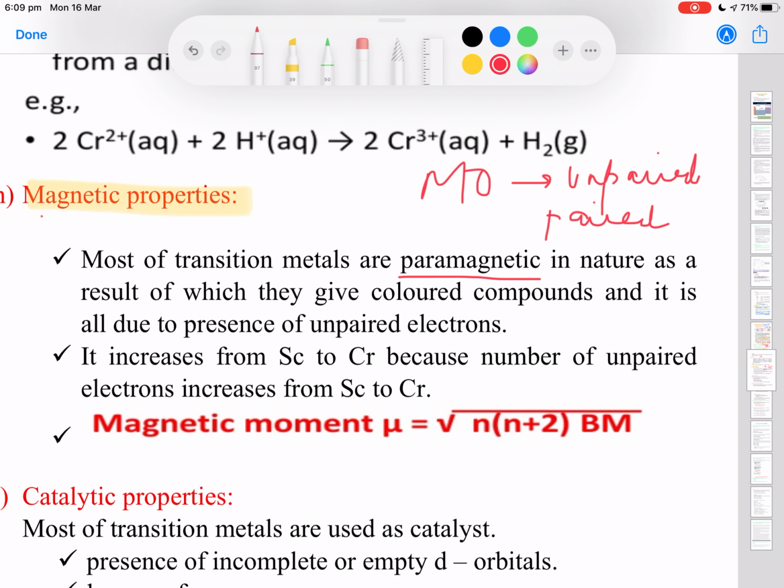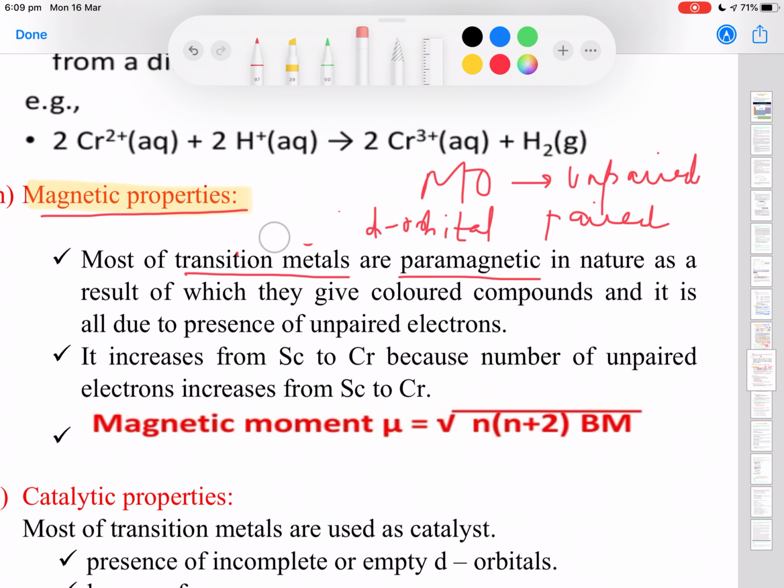And we have discussed in the beginning itself that all transition metals are said to be true transition metals when they have unpaired electrons in their d orbital. So the d orbital is very very important, as it should possess unpaired electrons.